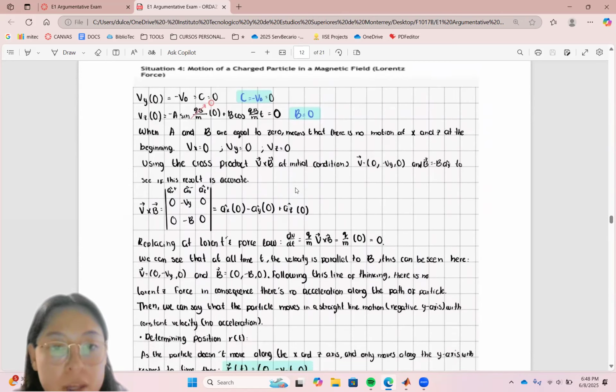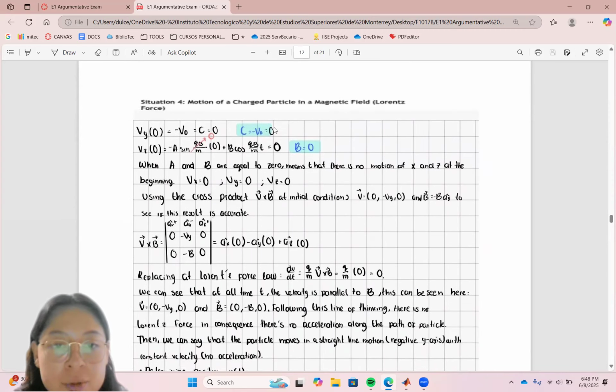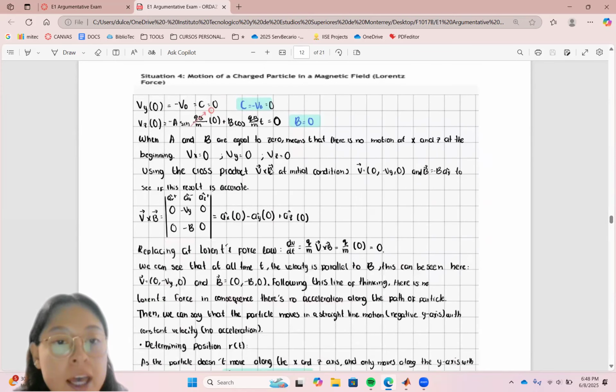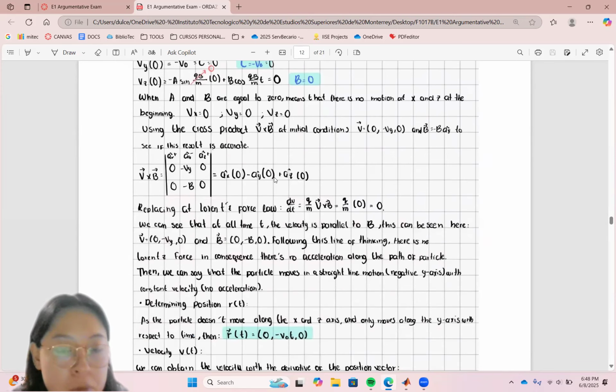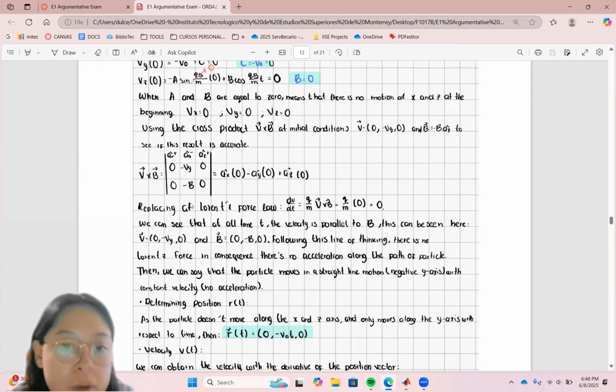And then I decided to use the cross product for the initial conditions to see if my result is accurate. In this case, to see that the 3 zeros that I obtained are accurate. And I did the cross product. Only the velocity is going in the unit vector y, and the magnetic field as well, but in the negative.